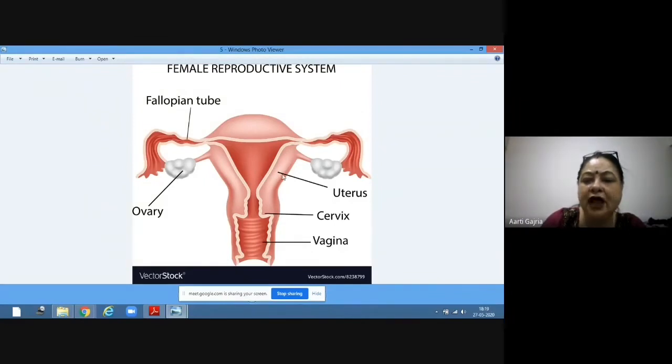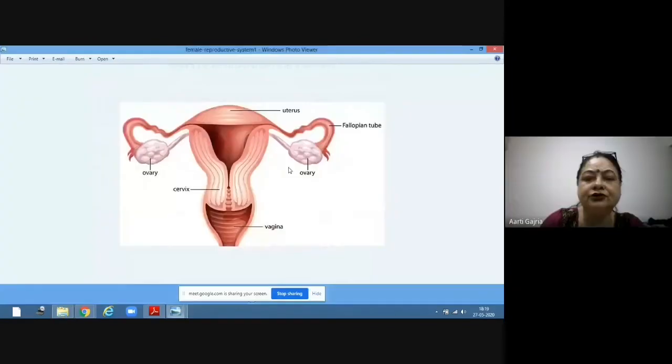This is the outer middle thick layer, myometrium, and perimetrium. Then through this cervix, this is the vagina. Clear? This is also more or less the same diagram: vagina, cervix, ovary. This is the uterus and fallopian tubes.